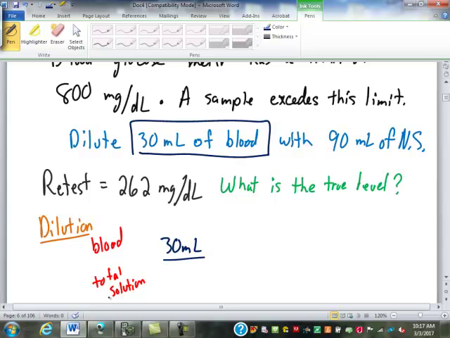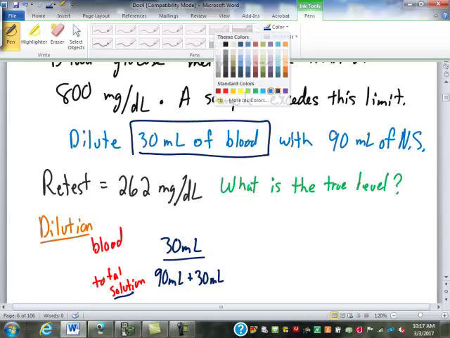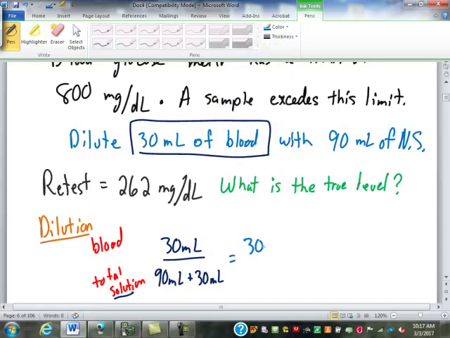Be careful with this one. There we go. I had a couple people say 120. Yes. We have the 90 milliliters of water, but we also have the 30 milliliters of blood still. That has to be the total. We have to add those together. So that is 30 milliliters over 120 milliliters. Milliliters cancels out. That'll reduce to a 1 in 4 dilution.